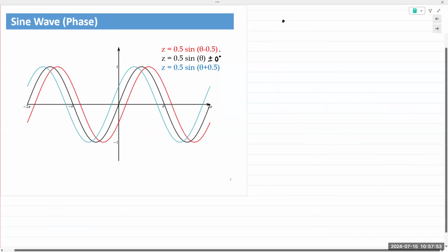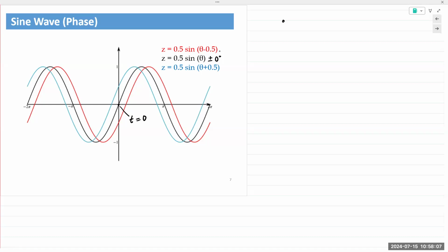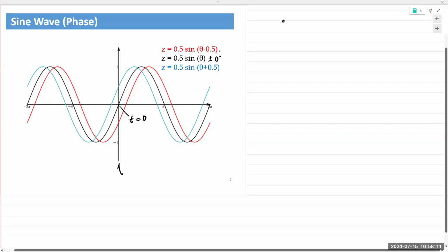It is basically telling us that the waveform in black crosses the x-axis when t is equal to 0. This, of course, indicates time t equal to 0.